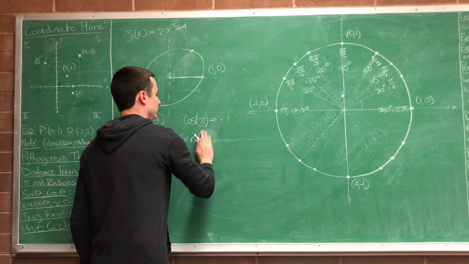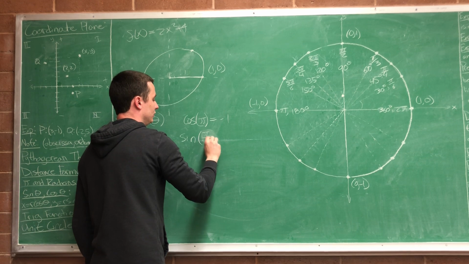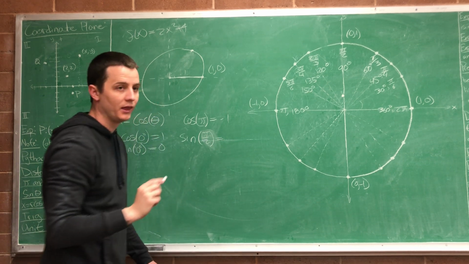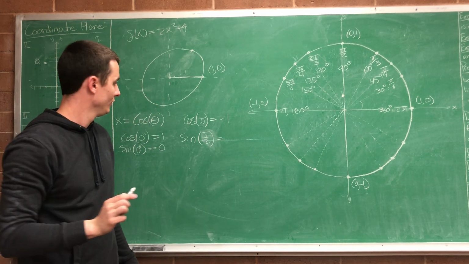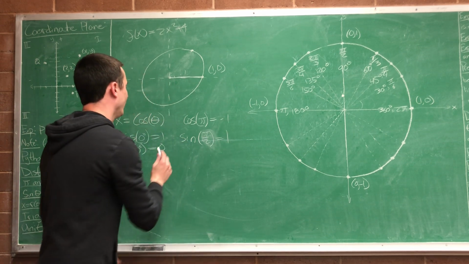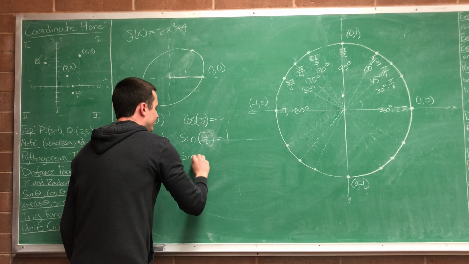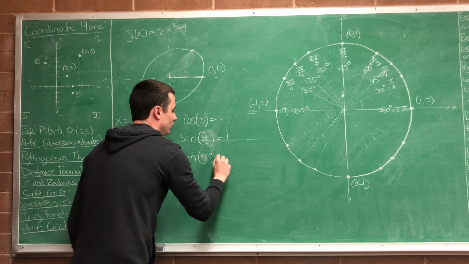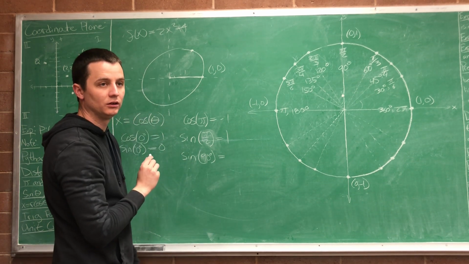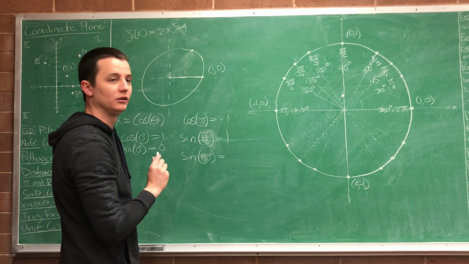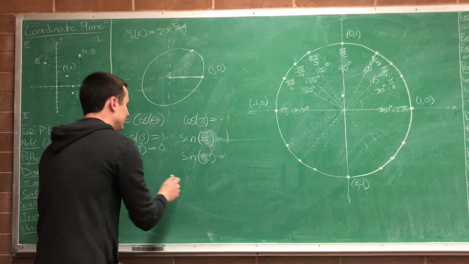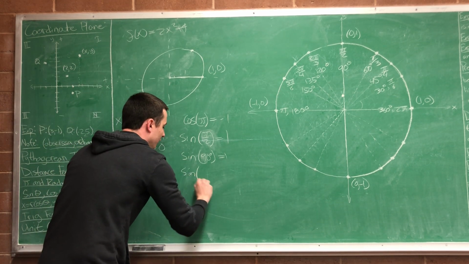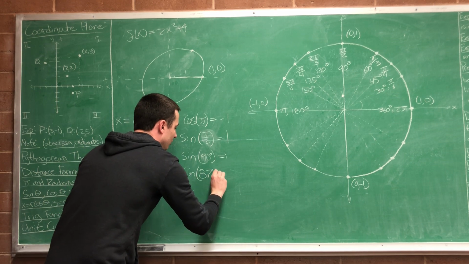Oh, we didn't mark that one. Sorry. We'll just say pi halves. 1. Or I could ask you something like, what's the sine of 90 degrees? One.